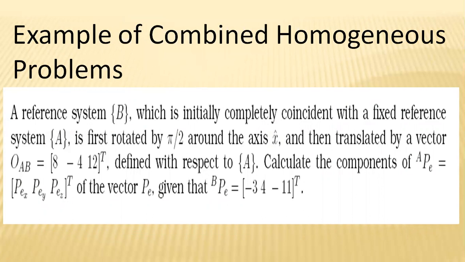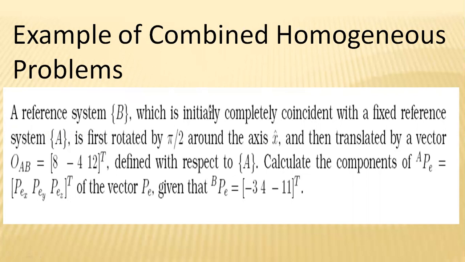A reference system B, the base frame B, which is initially completely coincident with a fixed reference system A, is first rotated by pi by 2, that is 90 degrees, around the x-axis, and then translated by a vector OAB, that is towards the x-axis 8 units, y-axis minus 4 units, z-axis 12 units.